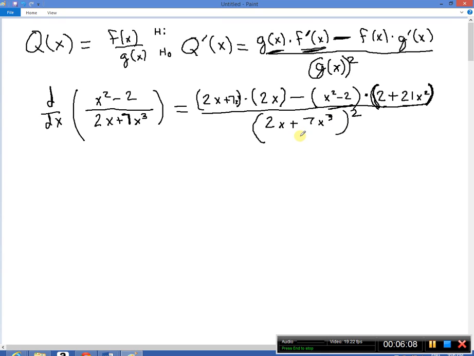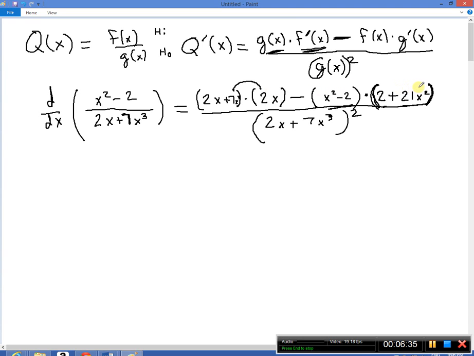Okay. Now, I've complicated the problem enough that I don't really want to do the next step, which is to simplify. But you can see that when you multiply this out, there's some terms that are going to collect. Like, for instance, this 7x cubed right here, multiplied by 2x, is going to end up giving me a 4th degree term, 14x to the 4th.